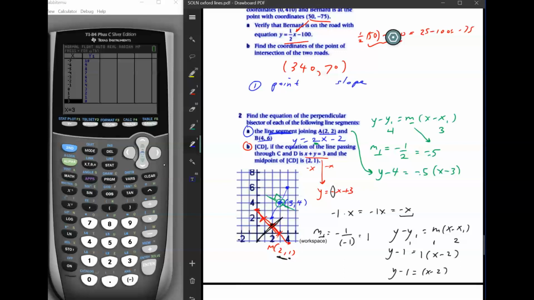So how do you go about getting those? To get the midpoint of a line segment, like we did for the blue one, you could use StatCalc 2 var stats, and then you could find x bar and y bar. That'll give you the point. To find the slope of your new line, you want to find the slope of the original line segment, which connects the 2 points given, which you do with linreg, and then you just look at the a value.